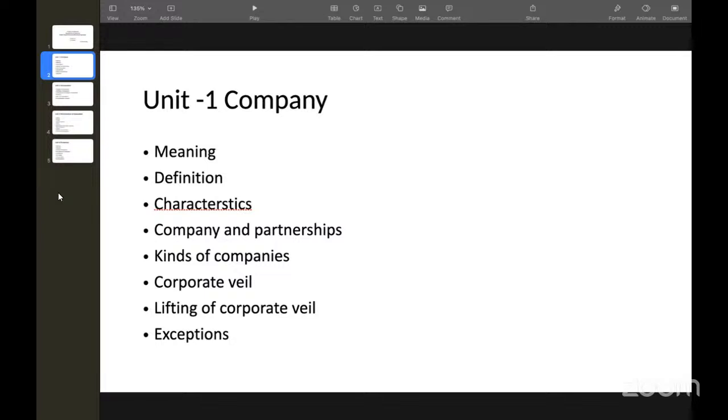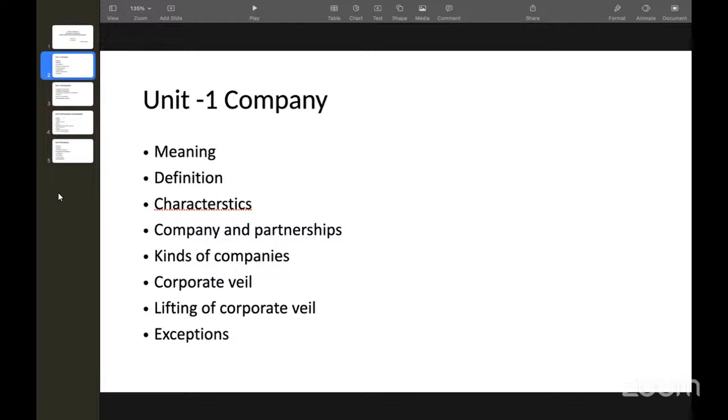Conclusion of the first unit is the concept of the company plays a crucial role in modern business, offering benefits such as limited liability, perpetual succession, and ease of resource mobilization. However, the misuse of corporate privileges necessitates mechanisms like lifting the corporate veil to ensure accountability. A clear understanding of the meaning, characteristics, and types of companies, along with the doctrine of the corporate veil, equips individuals to navigate the complexities of corporate law effectively.